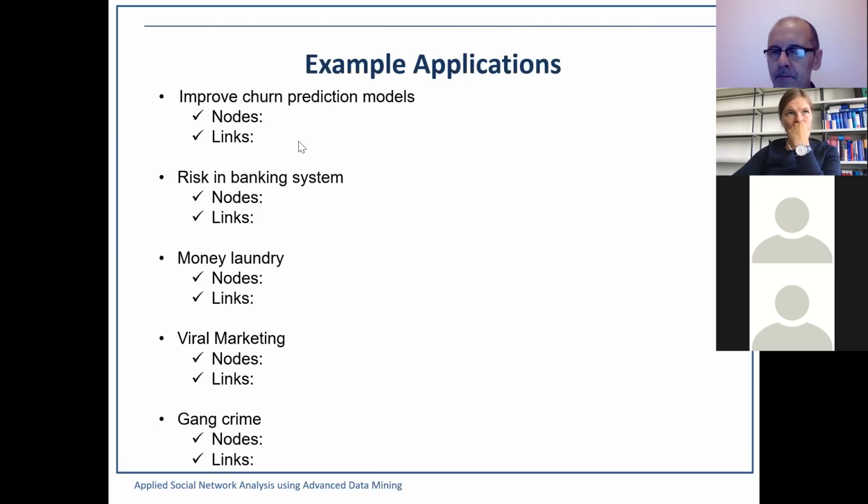By doing some social network analysis, they could improve churn prediction models in order to understand better how churn affects the contacts within a social network. So I would like you to identify the particular area of application, then nodes and links, and the decision you take based on your analysis.